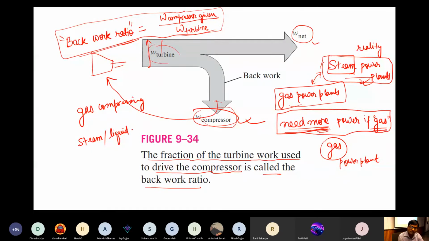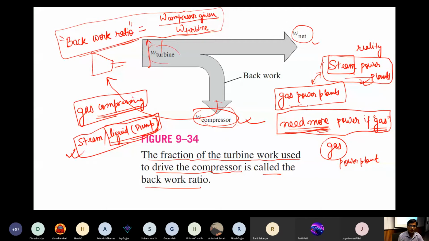You may either compress the gas or pump the liquid. Which one would require a lesser amount of work? Pumping a liquid requires a lesser amount of work as compared to compressing a gas.